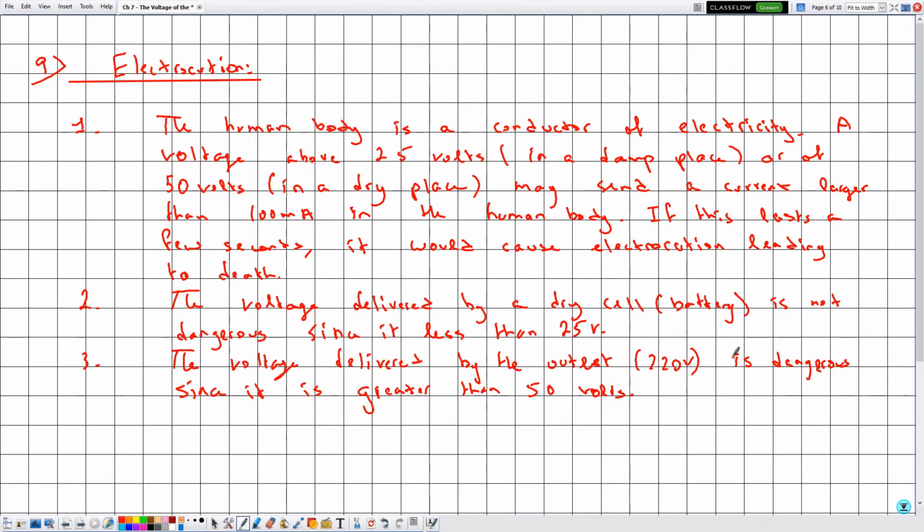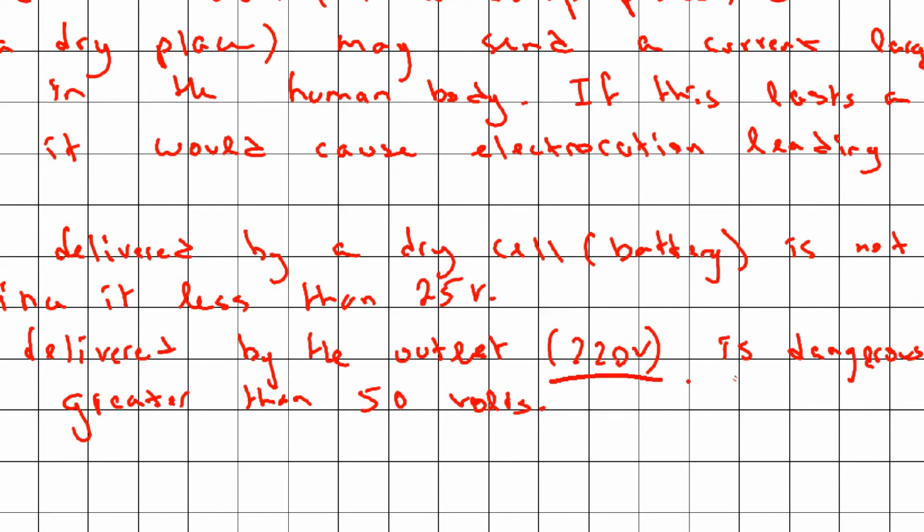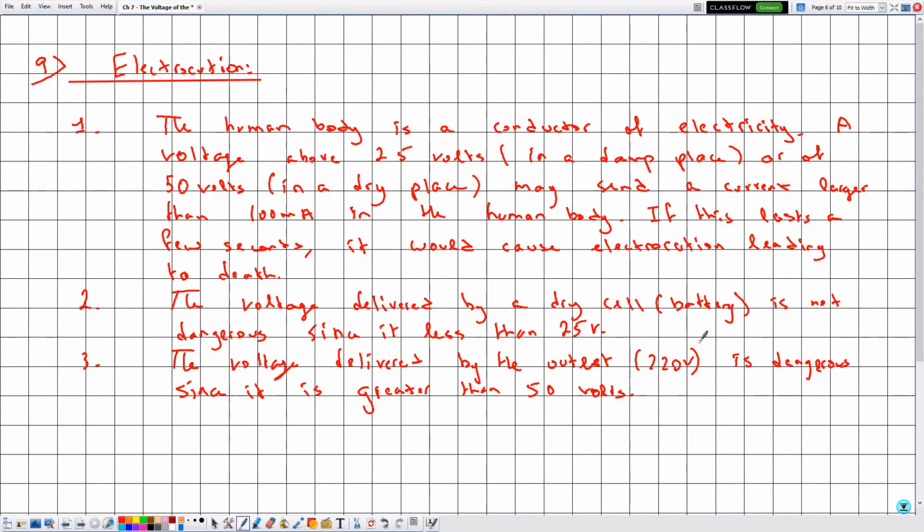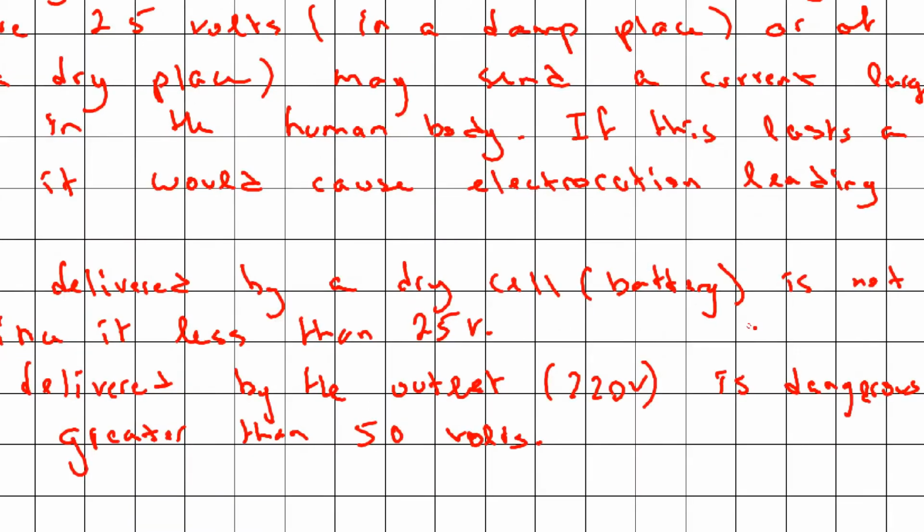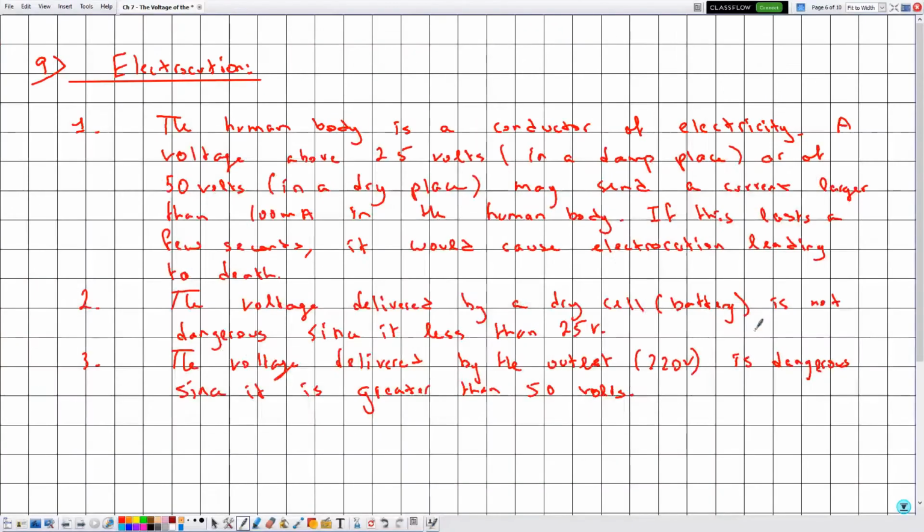Such type of voltages may cause electrocution, which may lead to death, whereas the voltage of the batteries, most of them are less than 25 volts, are not dangerous at all.